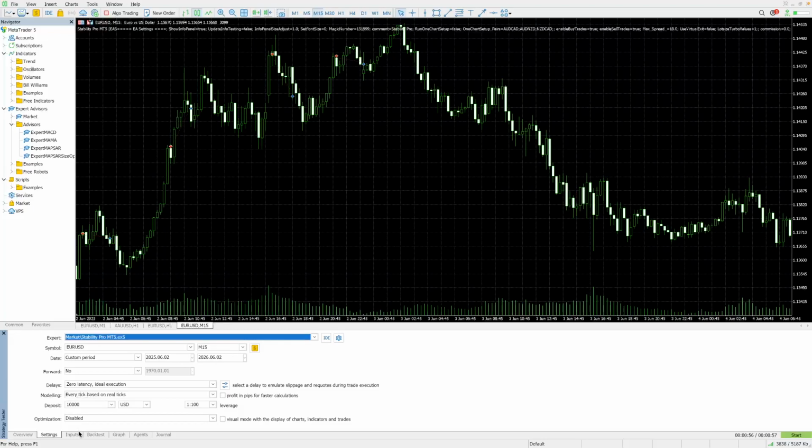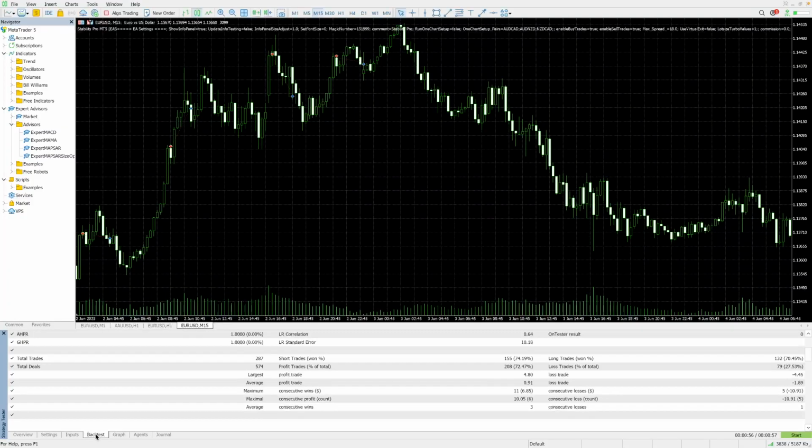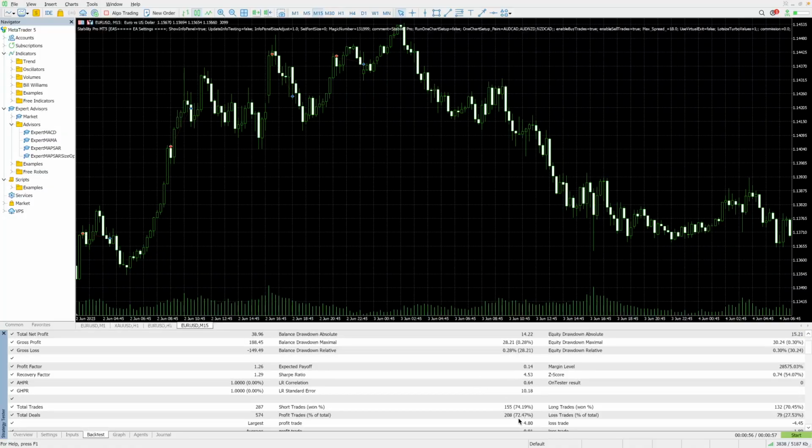The profit factor was 1.26. We also have an extremely low max drawdown, around 0.30 for the equity and 0.28 for the balance, which is in line with the numbers from their backtest. And there's a decent win rate of 72%.